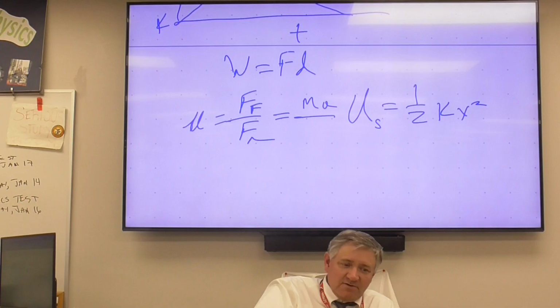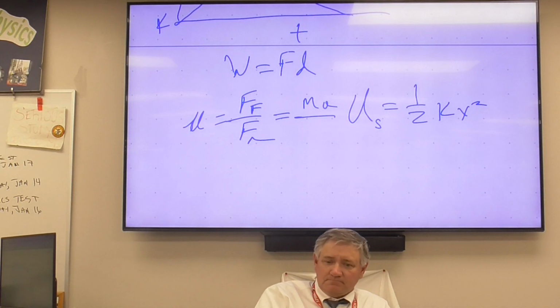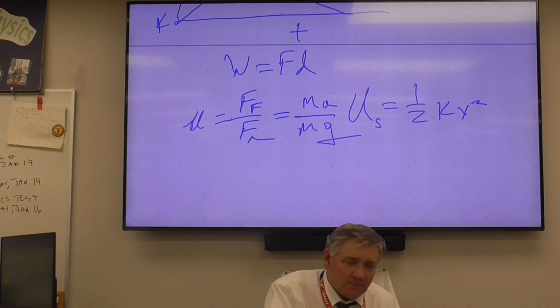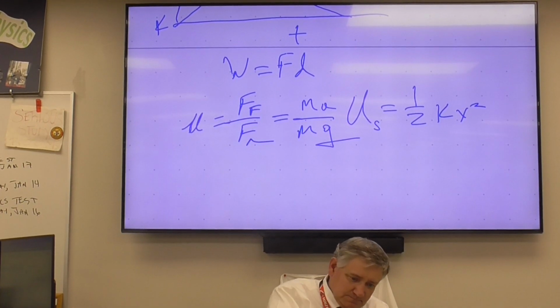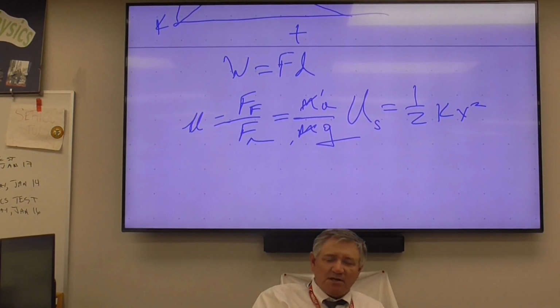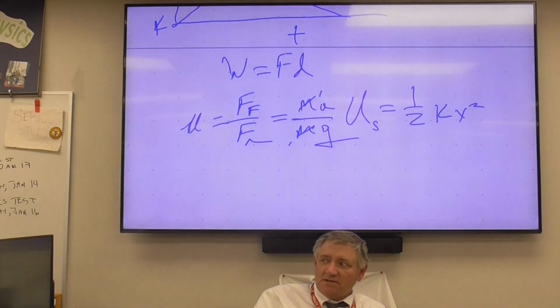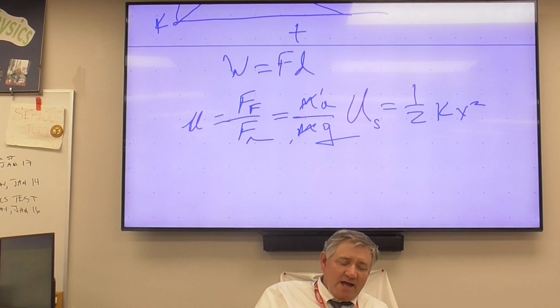Now, on a flat surface, what is your force normal going to equal? mg. So, what can I cancel out? Mass. So this is just going to be a ratio of how fast it slows down, its acceleration, to my gravitational acceleration.